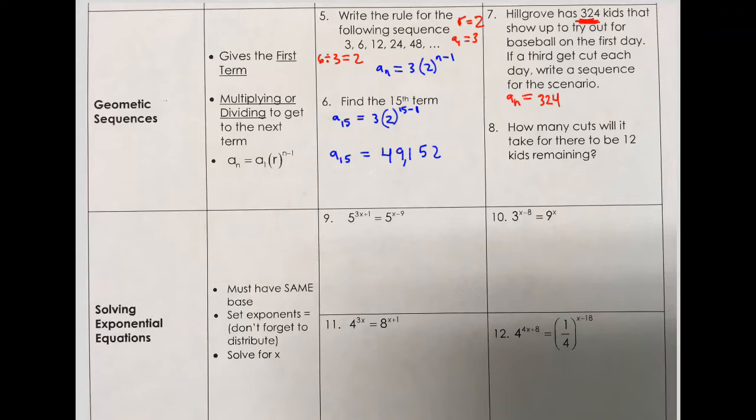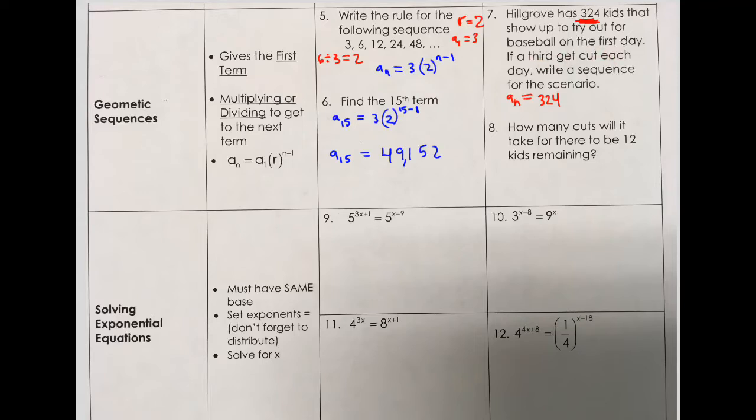Let's continue reading. So it says, if a third get cut each day, write a sequence for the scenario. Well, what's the common ratio? It's providing us with the common ratio right there. It's telling us that a third is the common ratio, because that's how many are getting cut per day.